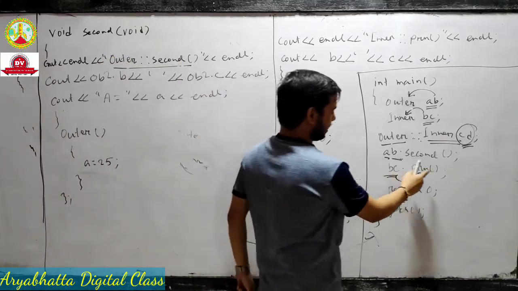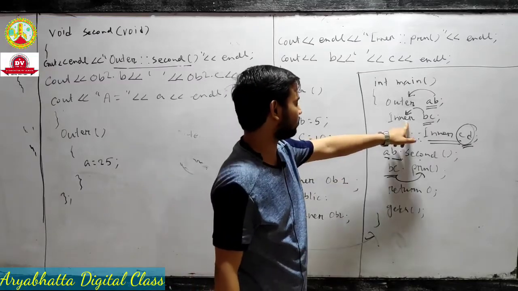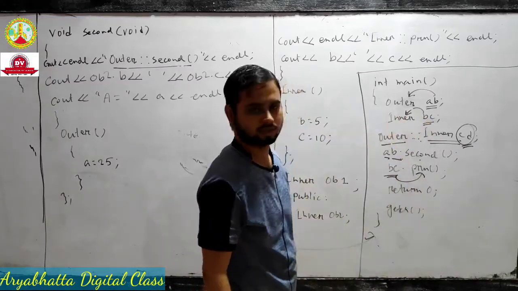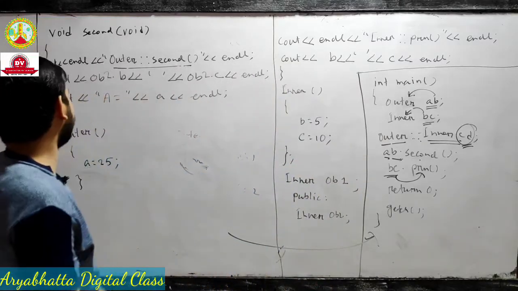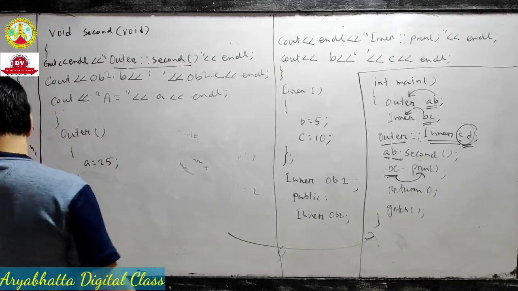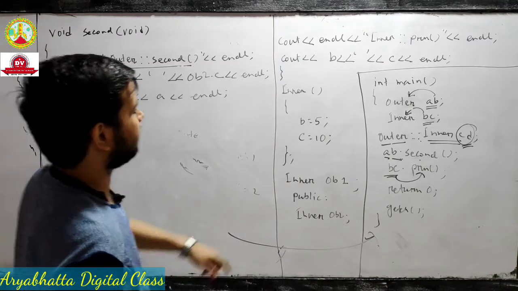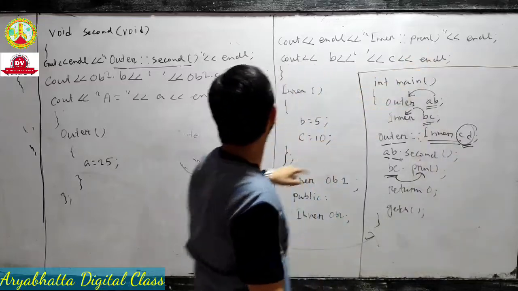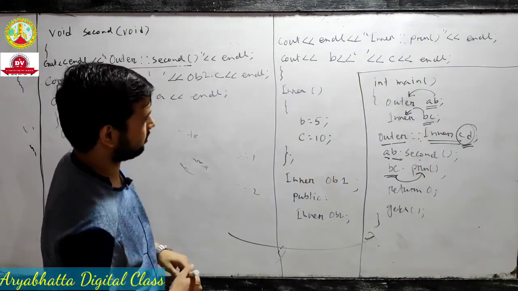And BC accesses the first member function PRN, and BC is an object of the inner class. Okay, this is the concept, and the output will come like that: A is equal to A's value, and inner PRN, this will be a printing statement, outer second, this is the printing statement.